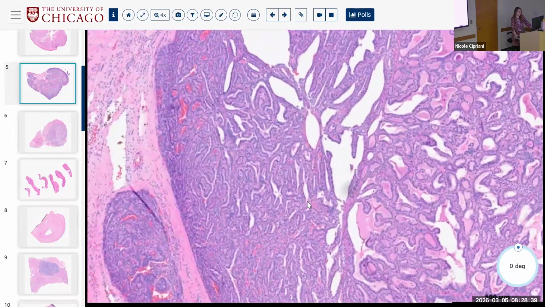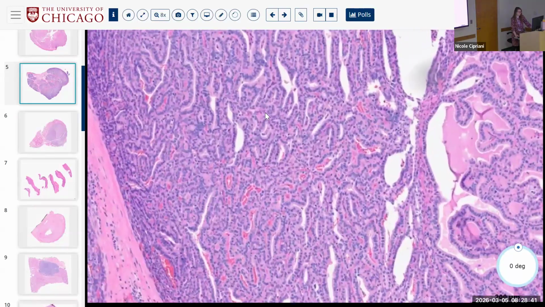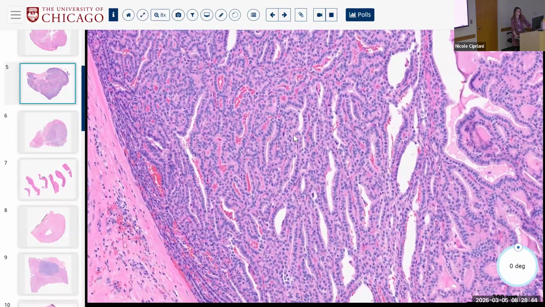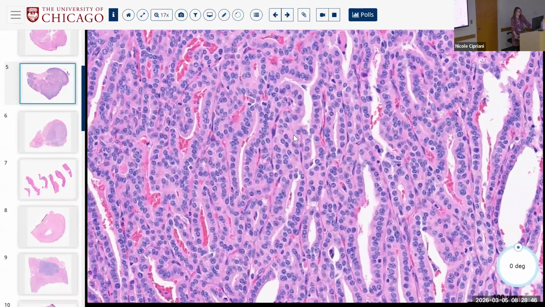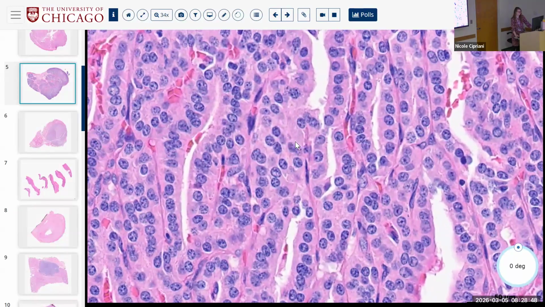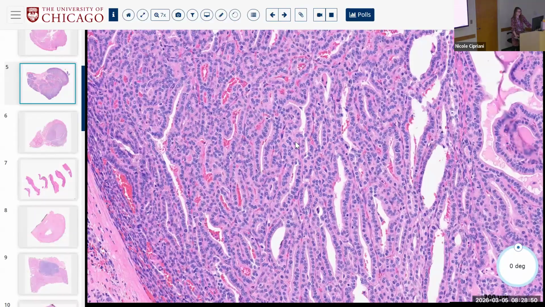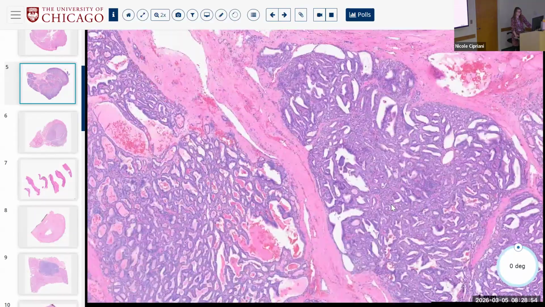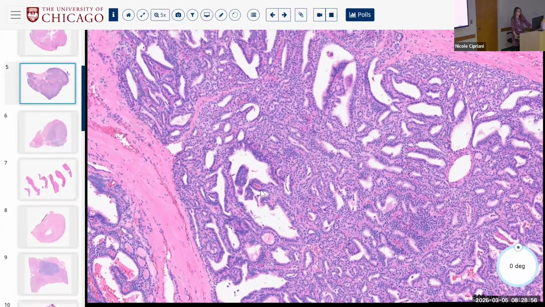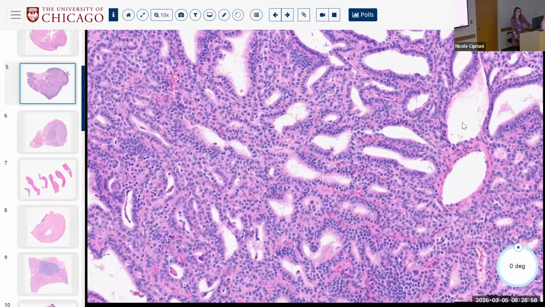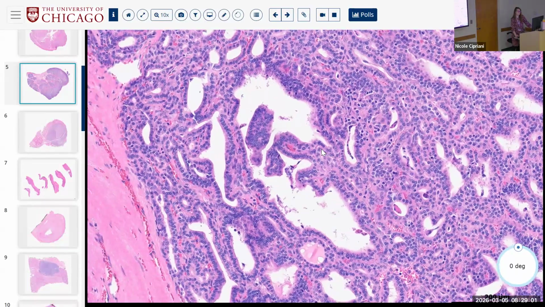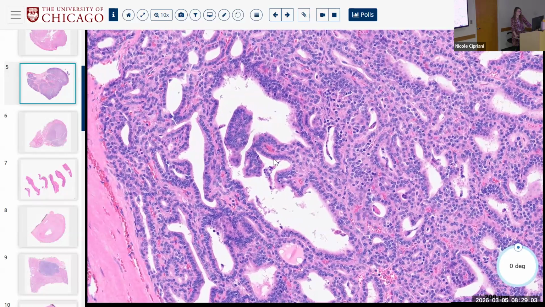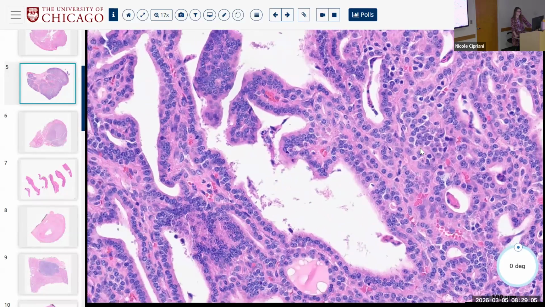Now, what type of malignant? Who wants to say what they think or describe? What's the architectural growth pattern? Papillary, but then it could be some sort of papillary with certain features. There's some sort of columnar or tall cell look to it in areas.